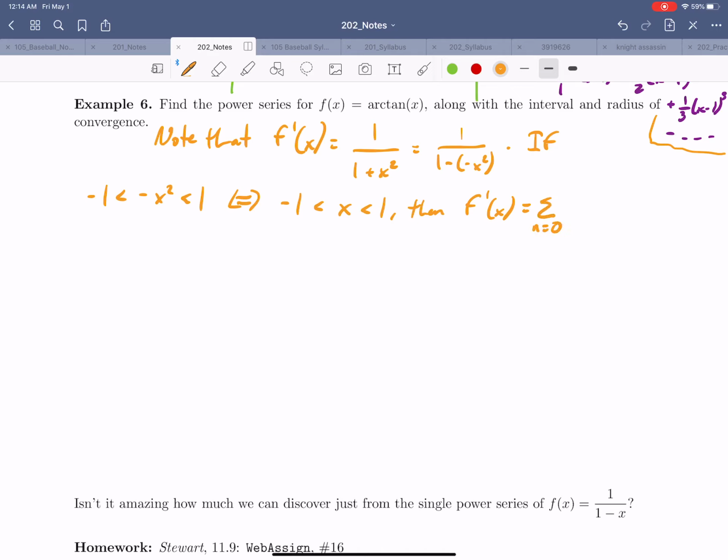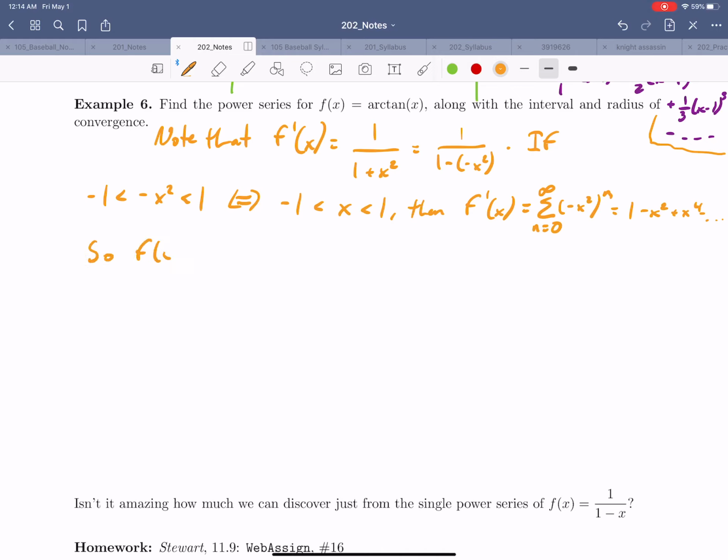So we have the sum from 0 to infinity of a, which is 1, times r to the n. Right? And just so that we're clear, that also means this is 1 minus x squared plus x to the fourth, if you will, minus etc., if you wanted to write that down. Okay, anyway.